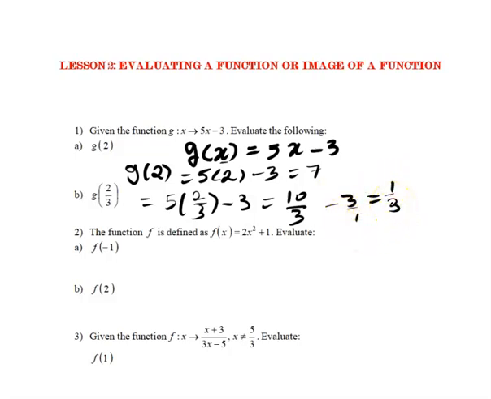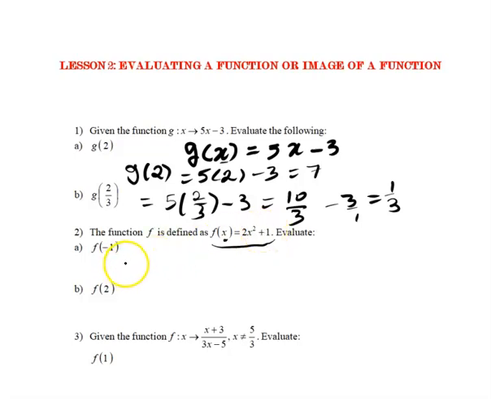Now, we equally have this quadratic function to evaluate f of negative 1. What will it be? How do you read this function? It simply means for any input x, you square it, you multiply it by 2 and add 1 to it.